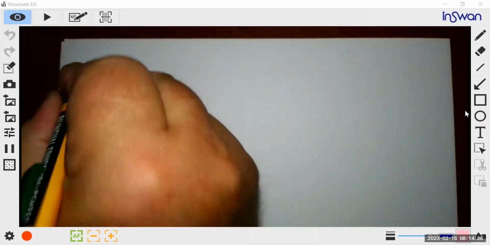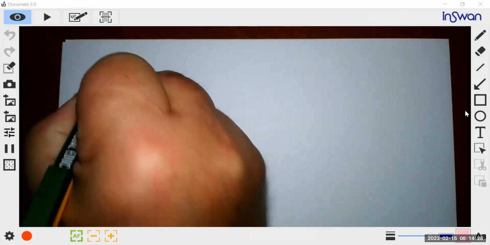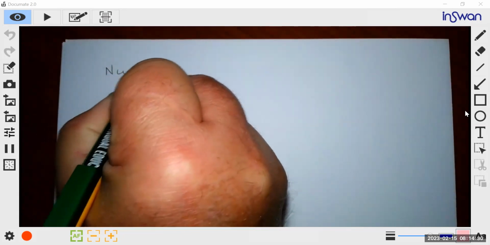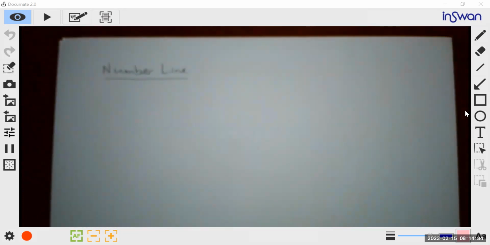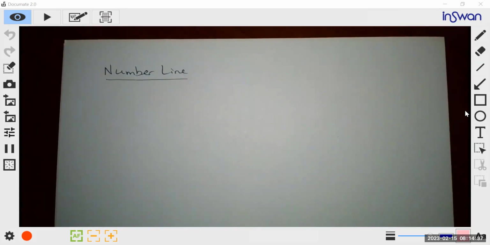So the next thing you can use to define addition is the number line. What does the number line represent?